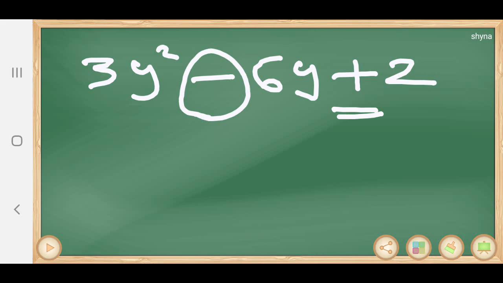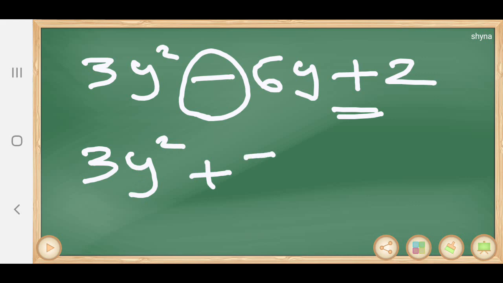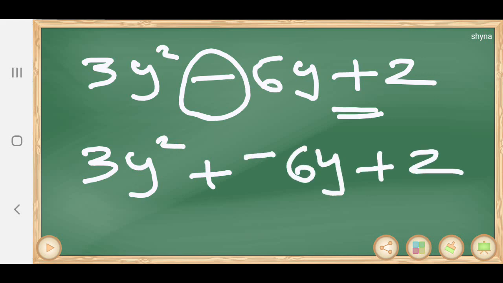We can rewrite this as 3y square plus minus 6y plus 2. Plus into minus becomes minus. So, 3y square minus 6y plus 2 contains three terms. What are the terms? 3y square, minus 6y and 2.